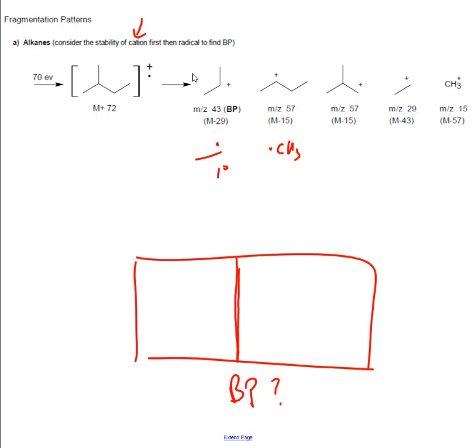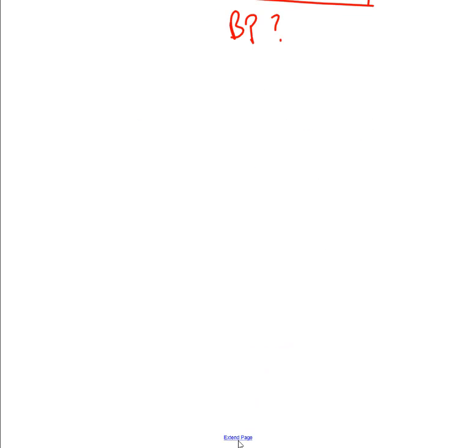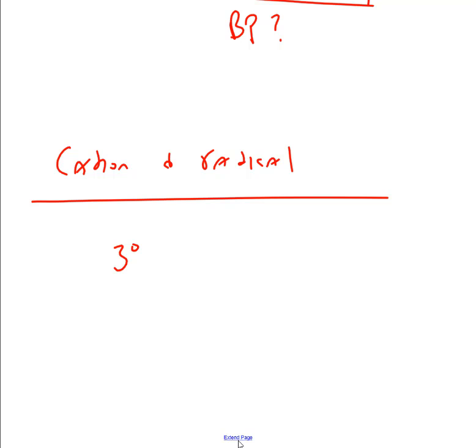Remember, just like cations, higher degree means more stable. So just remember this trend for cation and radical: tertiary allyl is more stable than tertiary, which is more stable than secondary, more stable than primary, more stable than methyl, more stable than vinyl, right? So remember this trend. It's always the same for both of them.